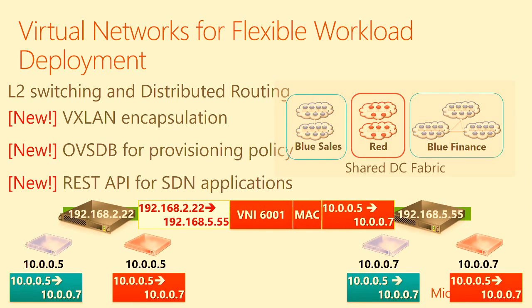The header on this belongs to the physical infrastructure, and within that header you have the actual VM's IP. The virtual network identifier belongs to this particular red tenant, and similarly, if the blue network wants to talk to its blue VMs, the virtual network identifier is going to be different.